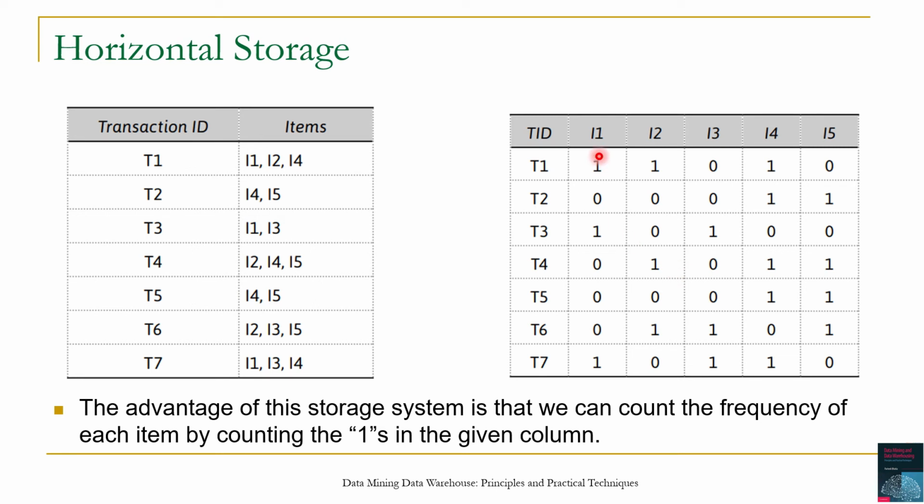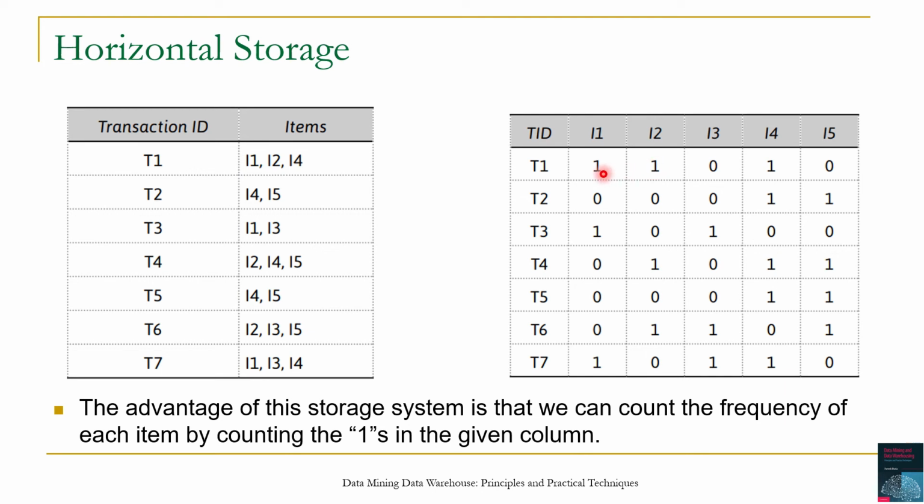We can also very easily calculate the frequency of an item pair by intersecting the corresponding columns. Let us calculate the frequency of item pair I1 and I2. For this, we can intersect these two columns, or in simple words, we just have to perform an AND operation over the cells.